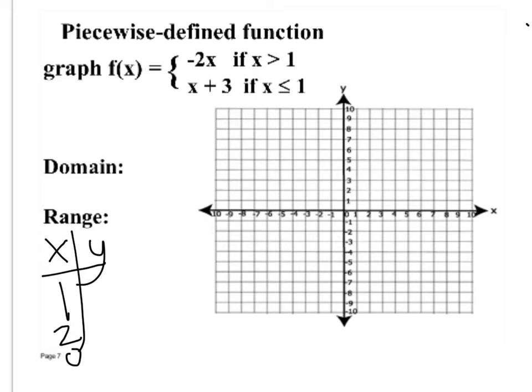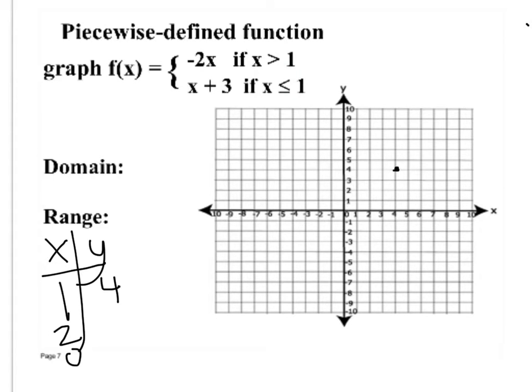So if I pick 1, which one do I use? Negative 2x or x plus 3? I use x plus 3 because x is less than or equal to 1, right? So what's 1 plus 3?